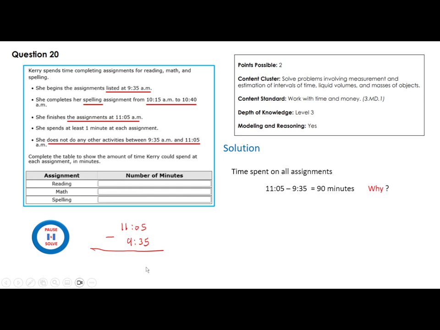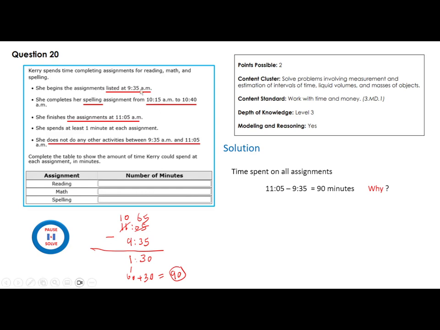When you borrow 1 hour, the 11 becomes 10. The hour is 60 minutes, so this becomes 65. Now 65 minus 35 is 30 minutes. 10 minus 9 is 1. 1 hour and 30 minutes obviously is 90 minutes, because 1 hour is 60 minutes plus 30 minutes is 90 minutes.